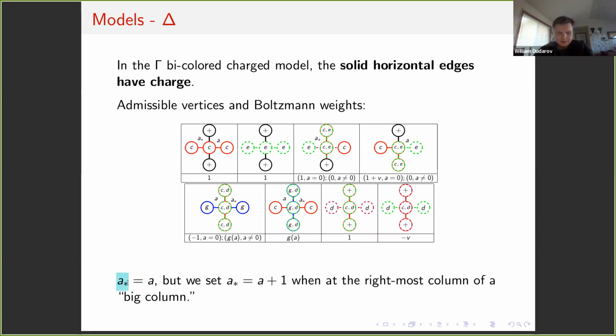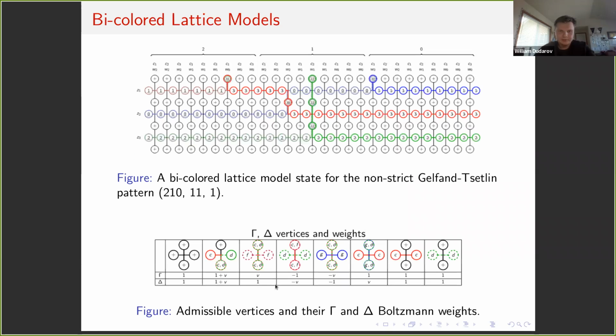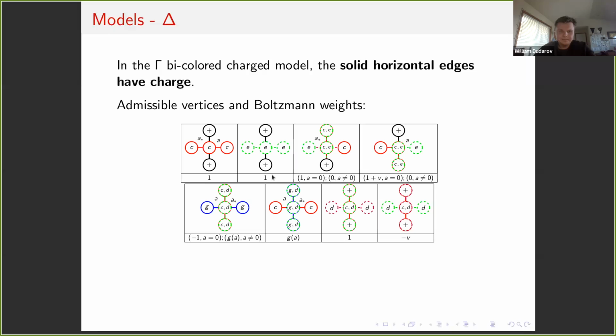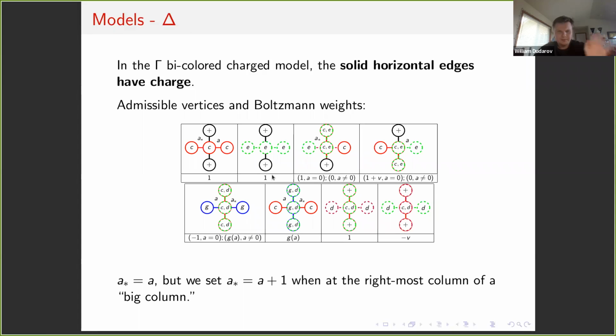And a lower star here equals A, just as before, but we set a lower star equals A plus 1 when at the rightmost column of a big column. Right, okay, sorry.